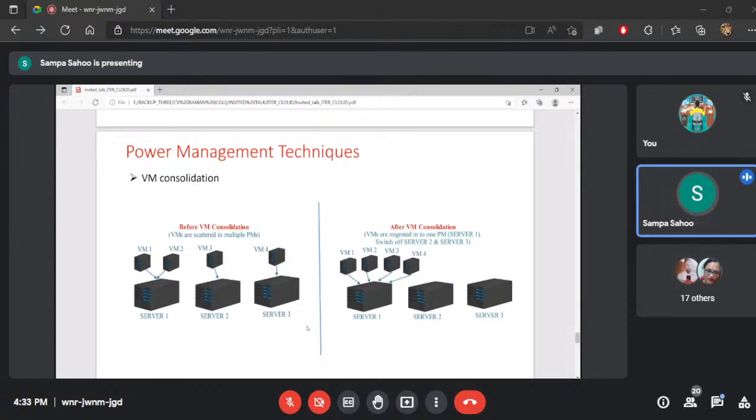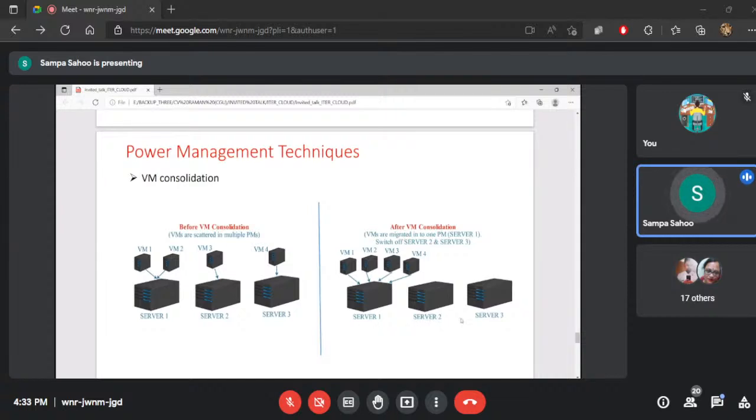So server 2 and server 3 run only one virtual machine each. If you switch off these servers and transfer virtual machines 3 and 4 to server 1, it will help to reduce the power, since with server 2 and 3 off, the power consumption will be reduced. This scenario is before VM consolidation. Now after VM consolidation, VM 3 and VM 4 are placed at server 1.